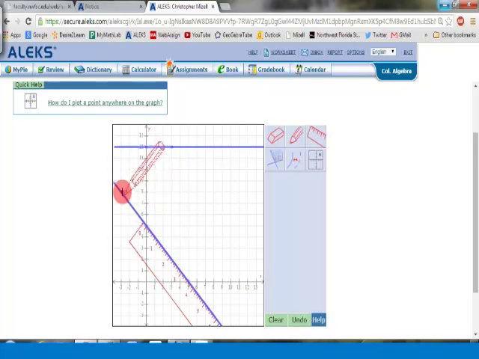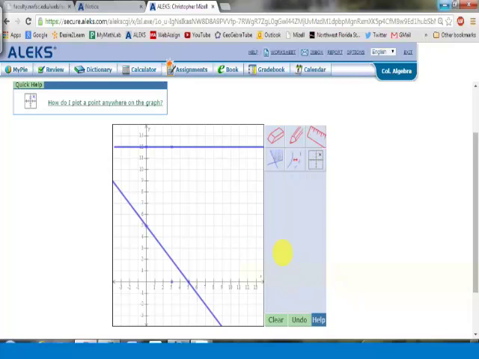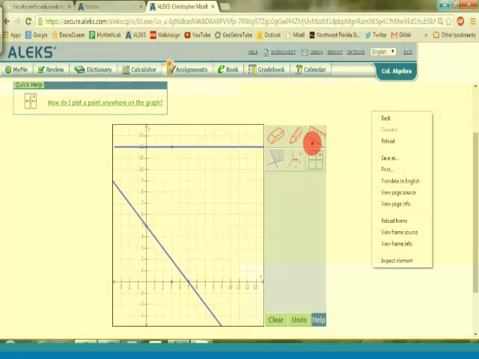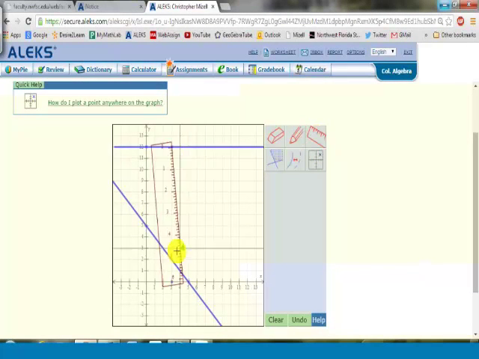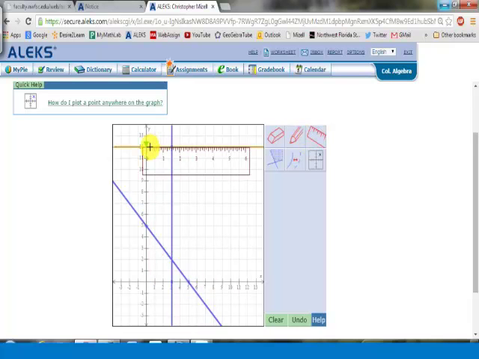I probably just messed it up right there. But there's that. What other point? 3, 0. Click on this point and pencil. And the y-axis. So ruler and ruler, pencil.